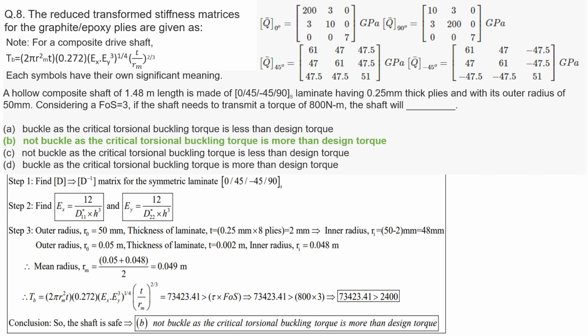And step 3: the outer radius is given as 50 mm. The thickness of the laminate is also known, that is 2 mm, because each lamina is 0.25 mm. So the inner radius will be equal to 50 minus 2 mm, 48 mm. Therefore, we will get the mean radius that will be equal to 0.049 meter.